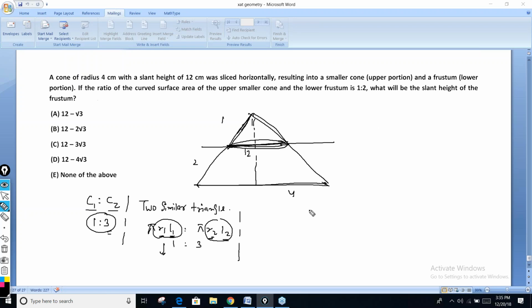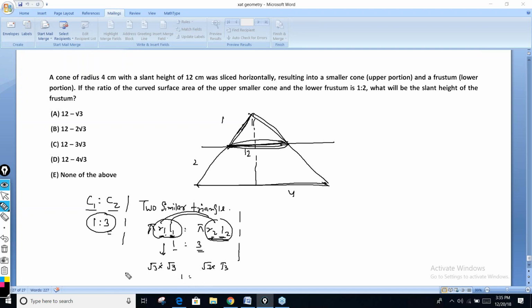What will be the slant height of the frustum? Because this results in a 3, both of them will be root 3. So radius will be root 3 times and slant height will also be root 3 times, because it will be in the same ratio. That's why the curved surface area is 3 times.